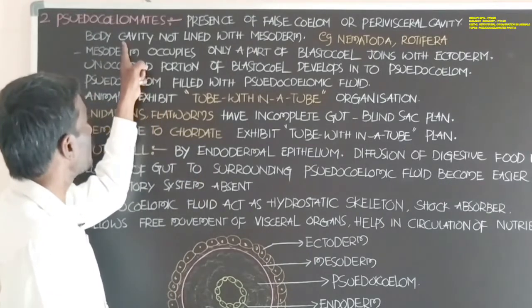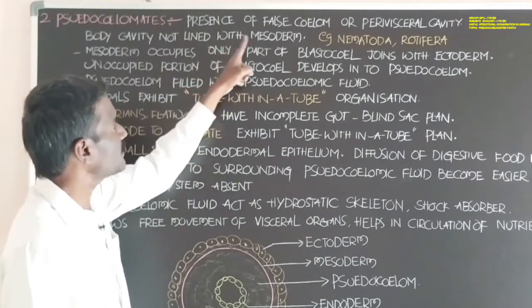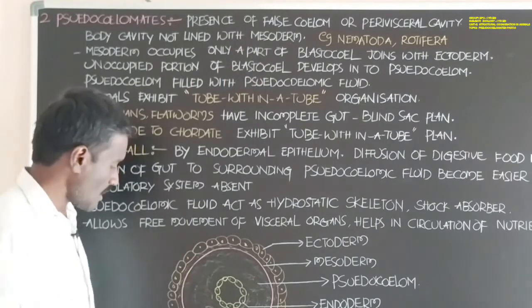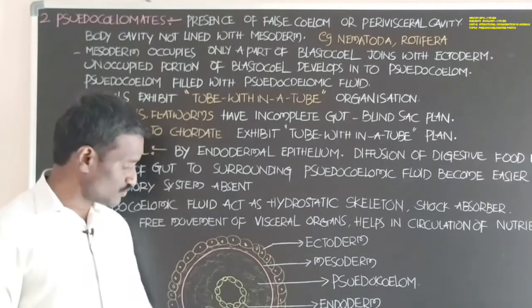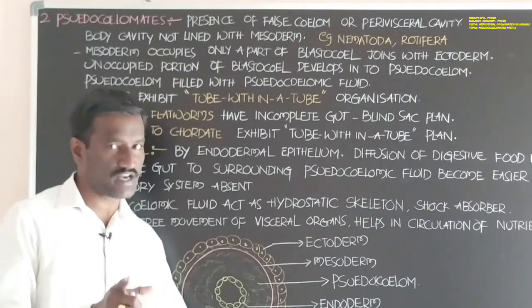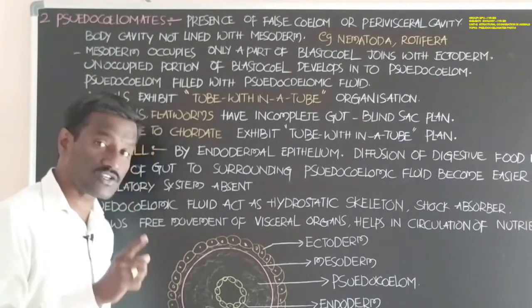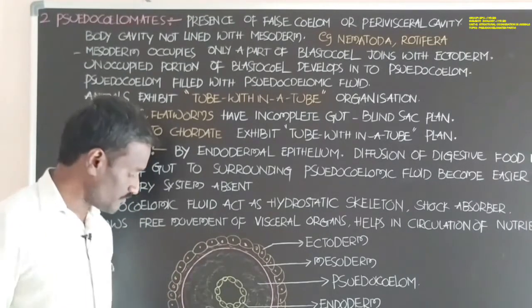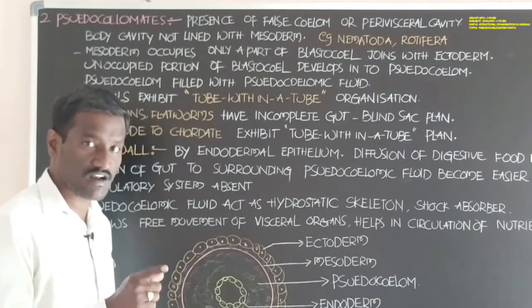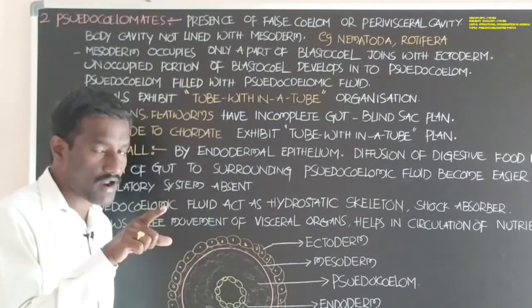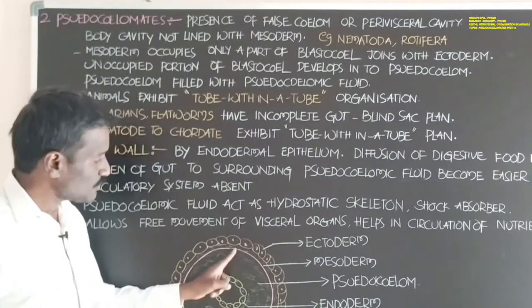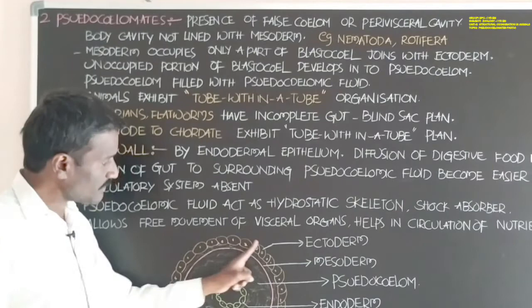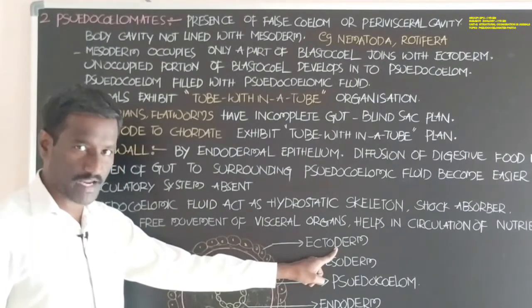Student, in this case the body cavity is not lined with the mesoderm. If you observe the TS, the transverse section of the body plan of a pseudocoelomate, this is the body wall, formed by the ectoderm.